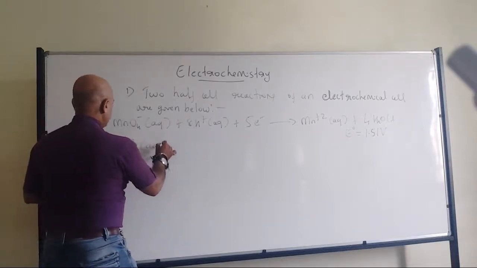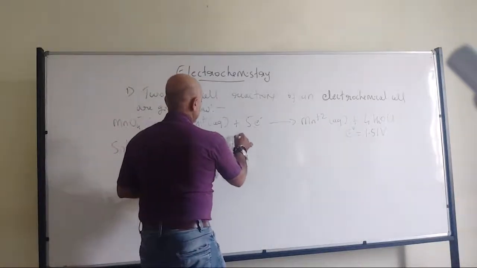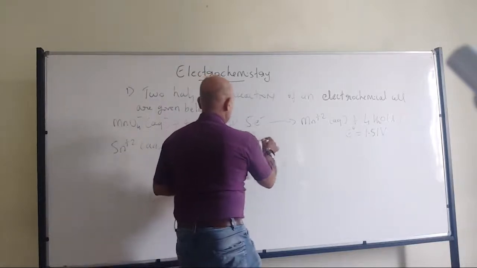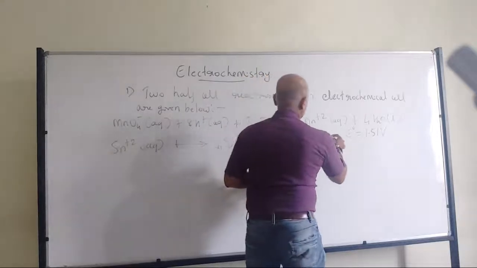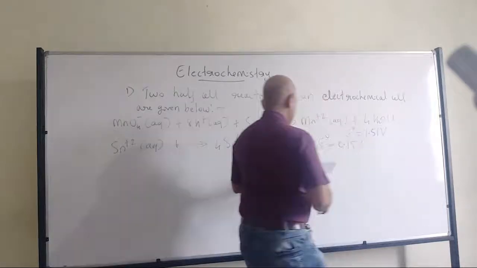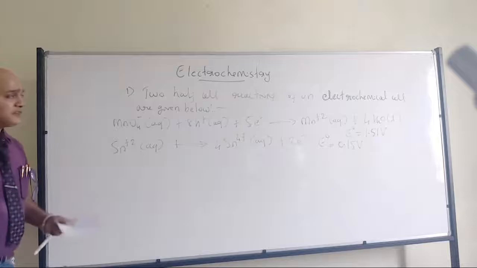Next one, stannous, Sn 2 plus aqueous, getting converted into stannic, Sn 4 plus aqueous by giving the electrons, and the E naught value for this one is 0.15 volt. Okay, all of you can see the equation.